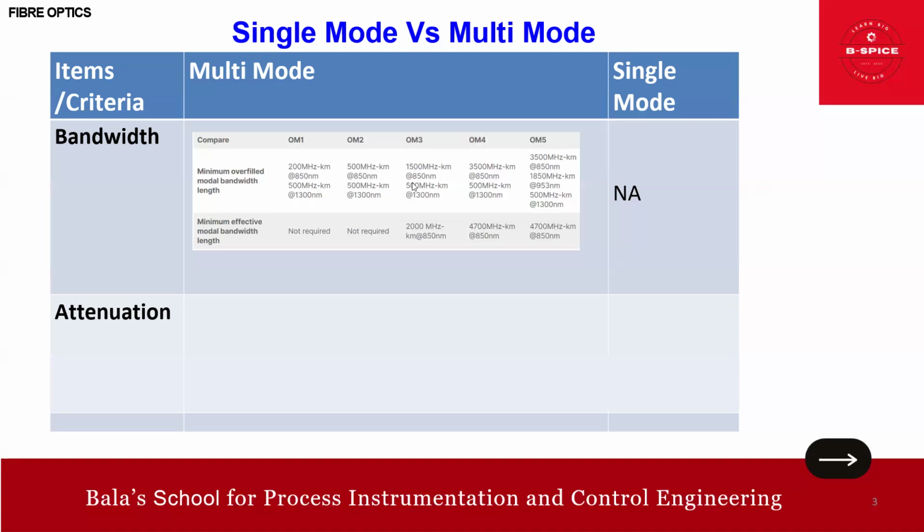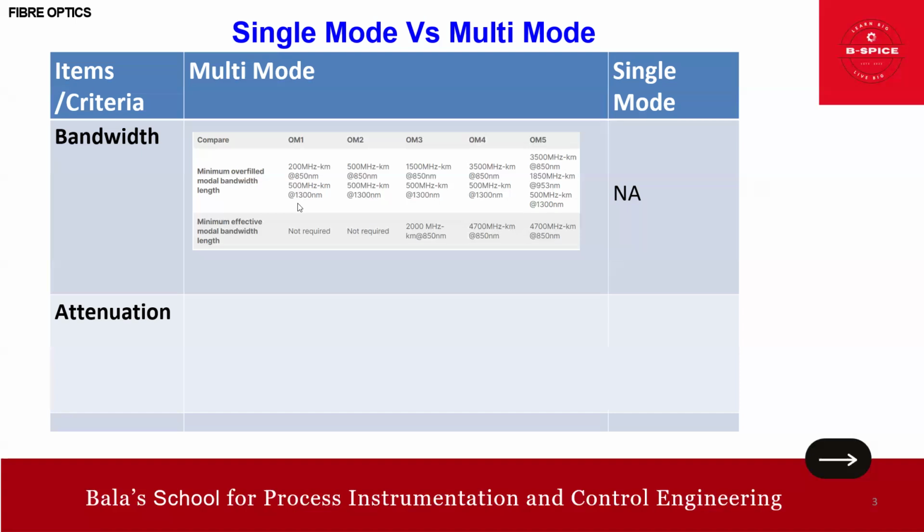In OM3, we have even higher bandwidth, 1500 at 850 and 500 at 1300. Similarly for OM4, 3500 megahertz at 850 nanometer and 500 megahertz at 1300. Then OM5, we have various options: 3500 at 850, 1850 at 953, 500 at 1300. So that's about the minimum overfill modal bandwidth length.